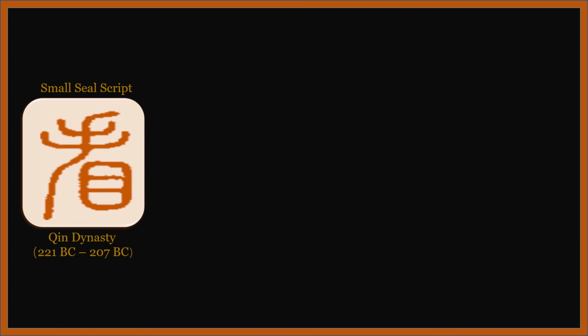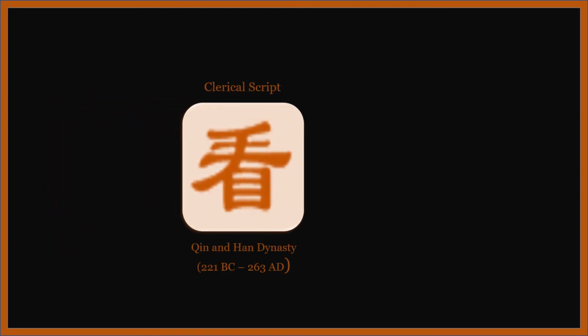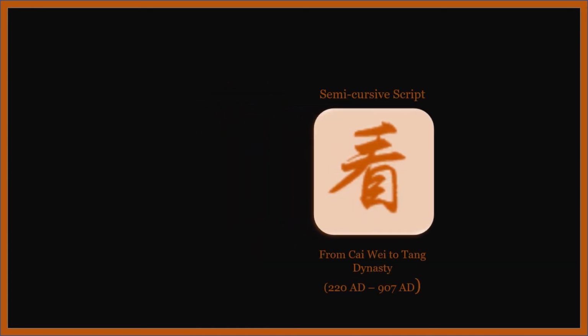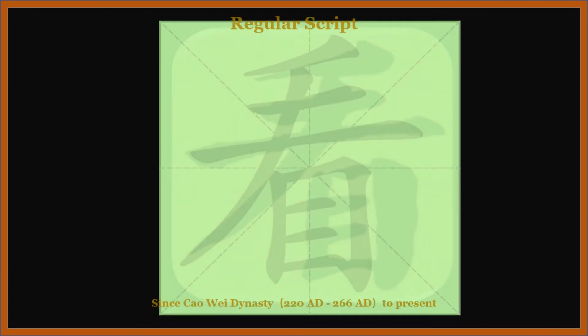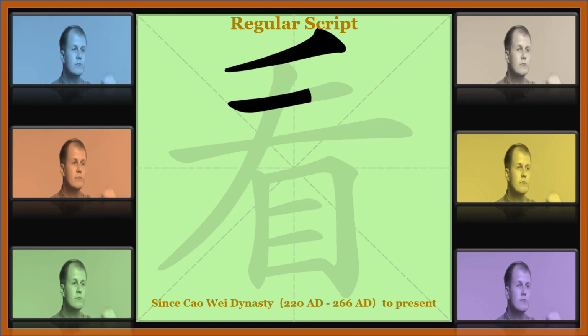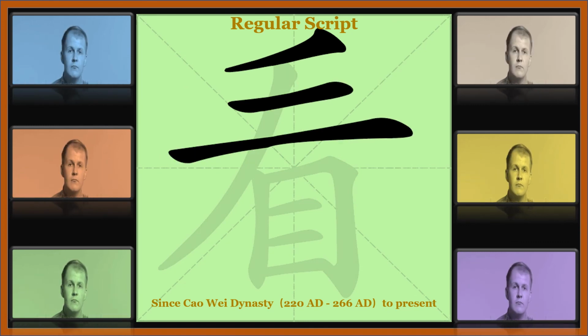You can see how the writing form of this character evolved from one to another throughout Chinese history. Regular script is widely used in various printing media in China today.